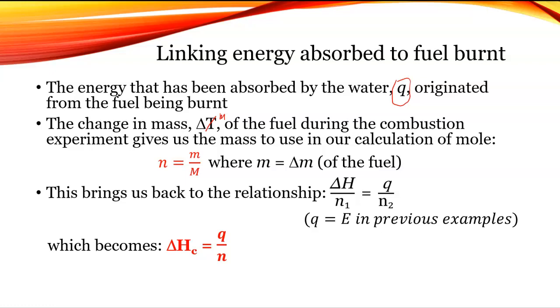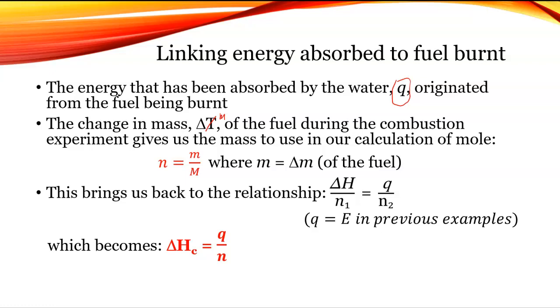And then we're going to use the relationship that we've already met in this chapter. Delta H over the number of mole that goes with the delta H is equal to Q over the number of mole that goes with the Q. And Q is the same as E. We're playing around here with Q's and E's and things. Really, it doesn't matter greatly. Don't worry too much.